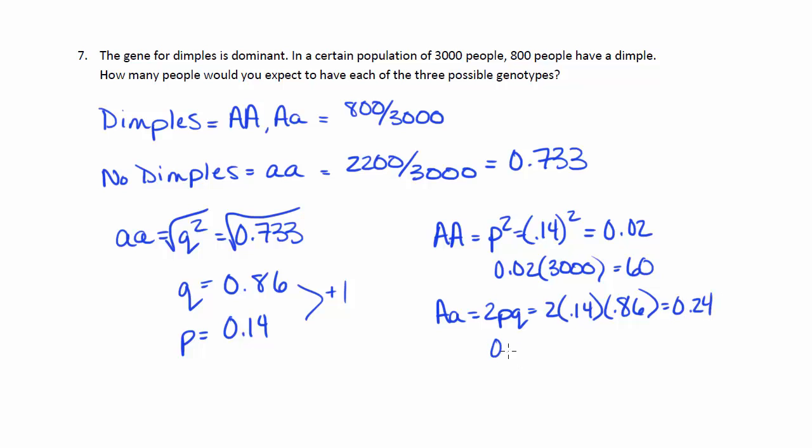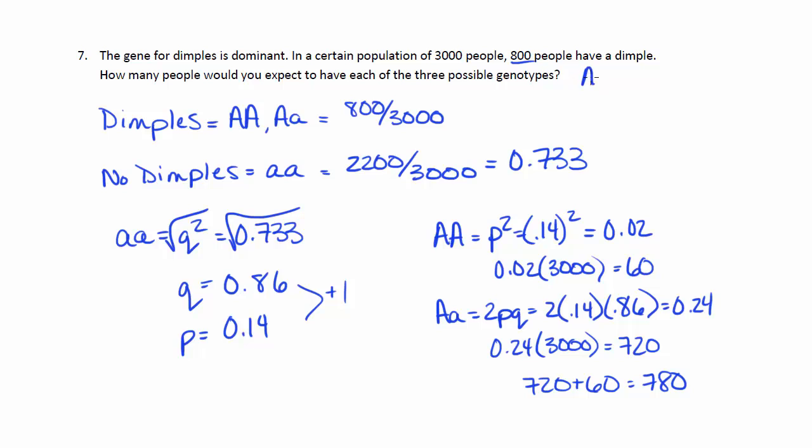And 0.24 times 3,000 gives the number of individuals, which is 720. So when you add them up, you have the 720 plus another 60, which is 780. It's not exactly the 800 that we're told have dimples, but it's pretty close.